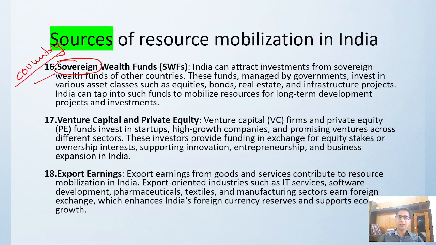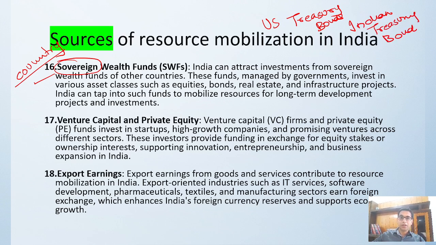Sovereign wealth fund means you are getting funds from any organization which is managed by the government, like US treasury bonds, Indian treasury bonds, right? So these are called sovereign wealth funds. Government generates a lot of money through these funds.